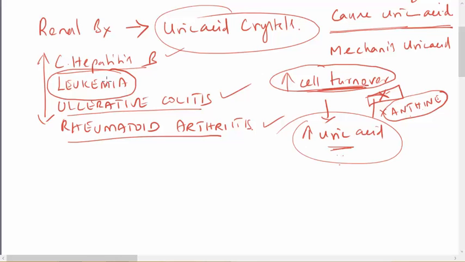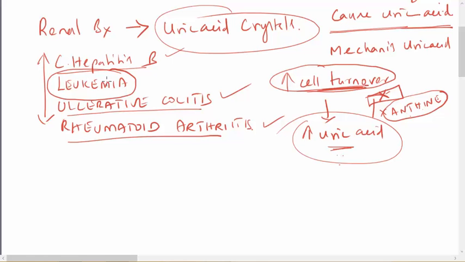What is the enzyme involved in formation of uric acid? Xanthine oxidase. What is the metabolic product before uric acid that is excreted in the urine? Xanthine. You understand how they can twist the questions? So you should know about all this process, then only you can answer the question.